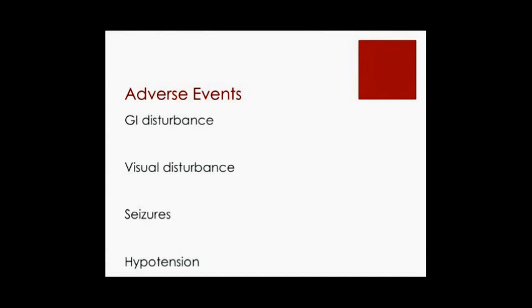But I have to say it's very questionable as to how real this is. And seizures have been described in small retrospective reviews, but you have to know that the doses they used in these studies were a lot bigger than what we use today. We're talking about a 7-10-fold increase in dose. And hypotension can happen if you push the IV dose too quickly.